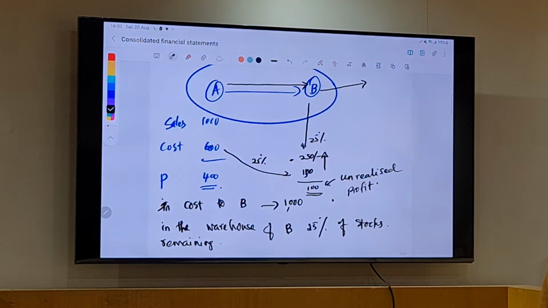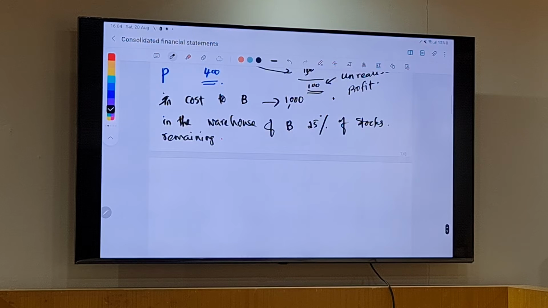But how much should I actually claim? 300. The basic mechanism is the other 25% is with us. So what we need to do is all unrealized profits should be removed.